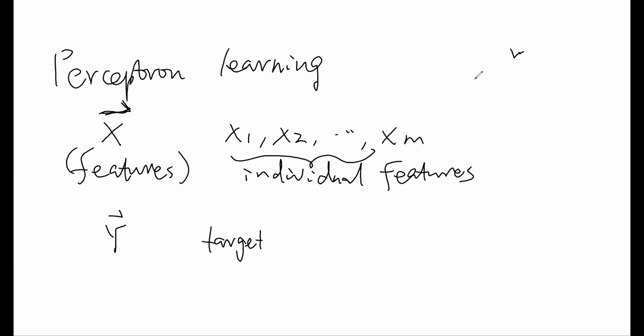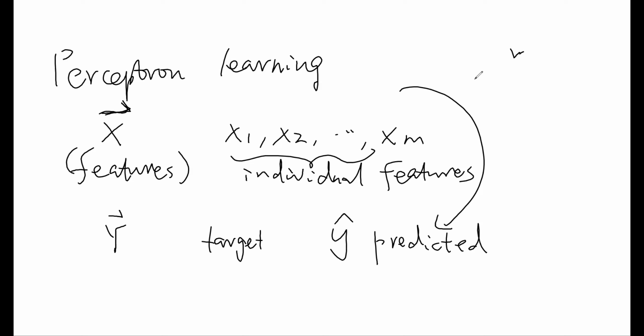We also learned we have y hat, which is the predicted value. We use our learning to predict what it will be. This perceptron is for classification, so it's a discrete value, not continuous.